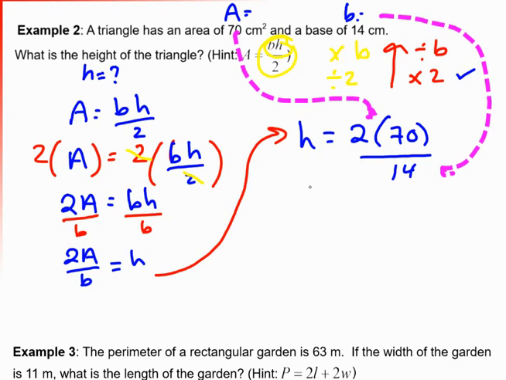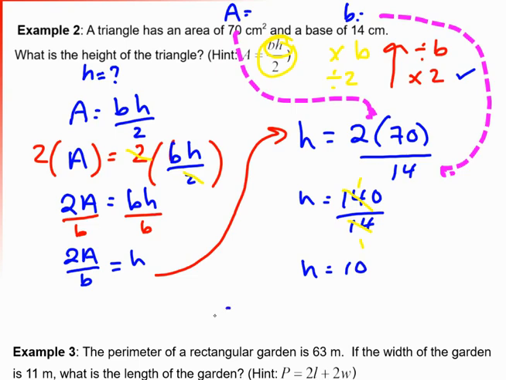So we're going to get 2 times 70. You could probably do that in your head. 140. And look how nice these numbers are working out. So you know that that will go into it 10 times. So h equals 10.